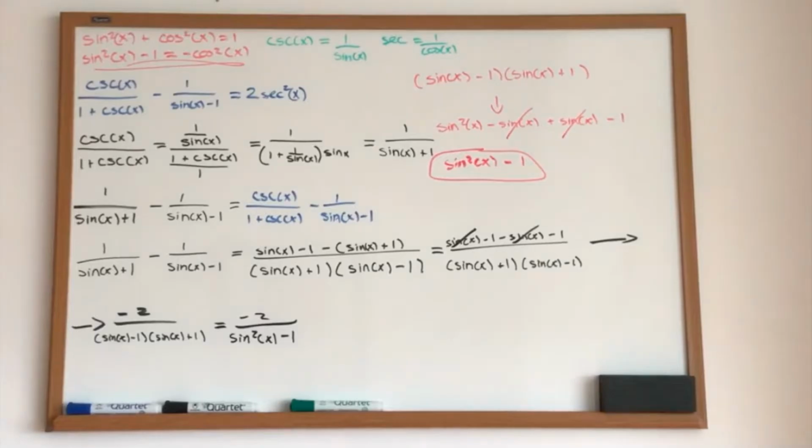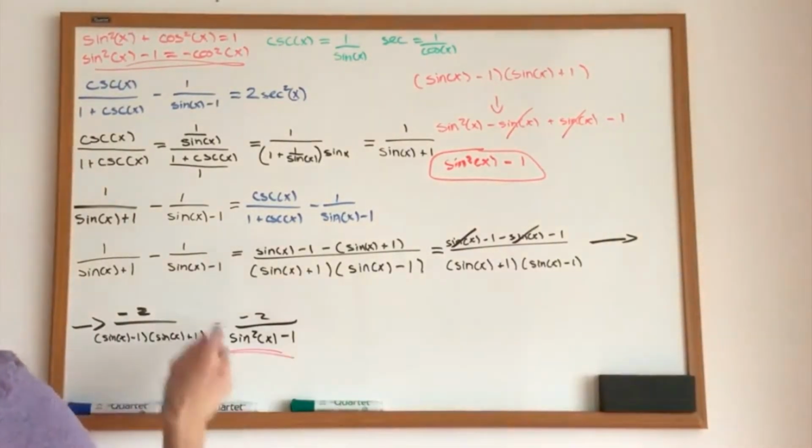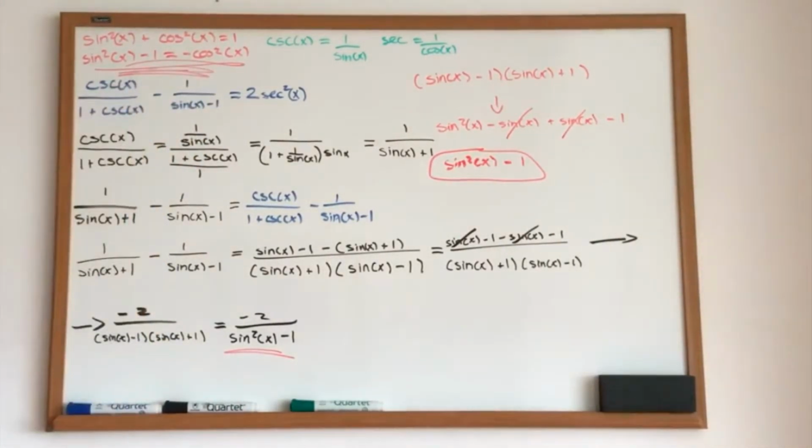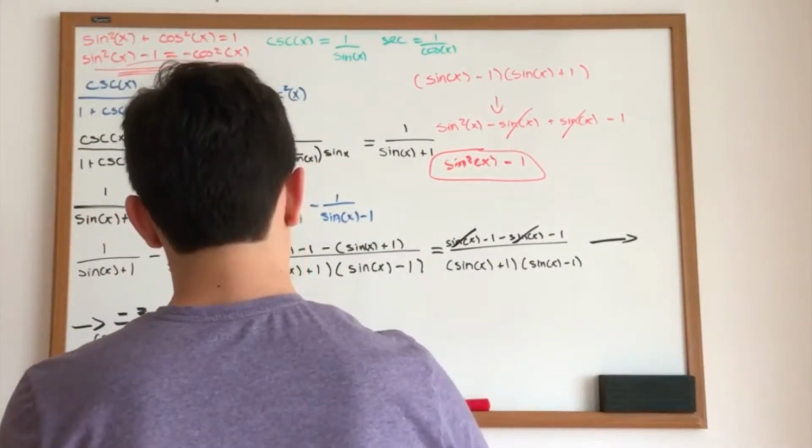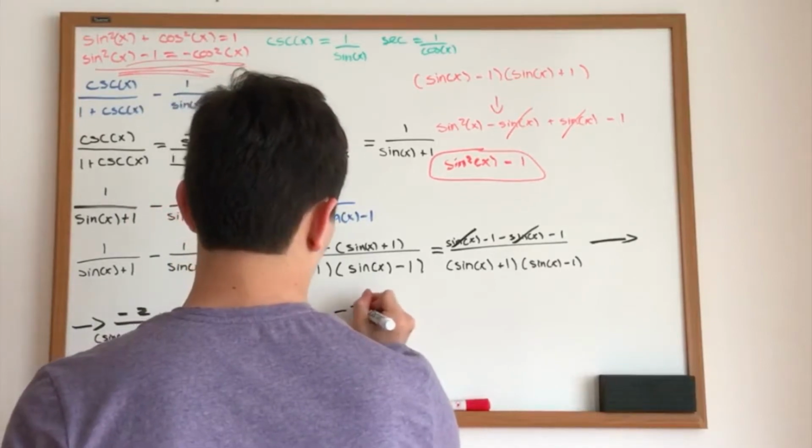This denominator can be converted using Pythagorean trigonometric identities, and that would give us that it is also cosine square of x.